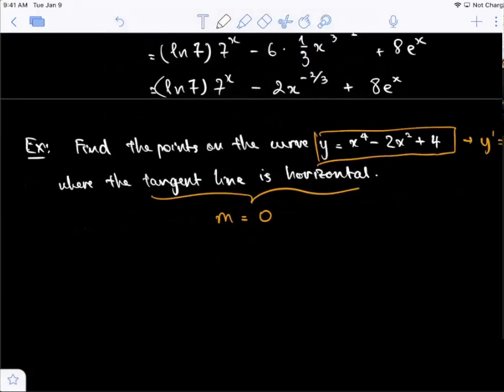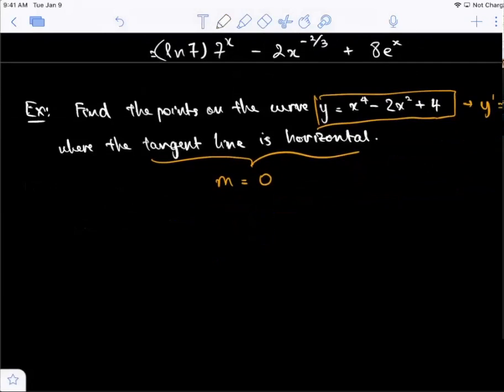So in order to find the points, first take the derivative of the function. y prime is equal to x to the fourth minus 2x squared plus 4, prime.